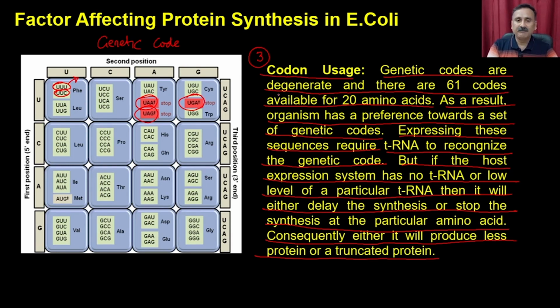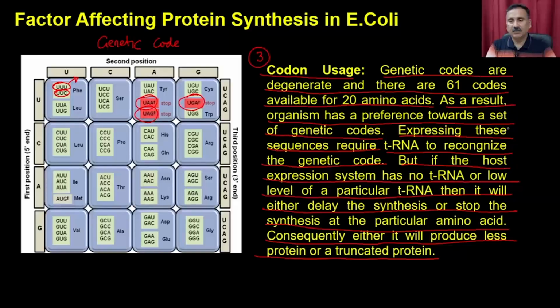But if you take a protein which has the other codon, then either it will take time for synthesis of these tRNA molecules, or it will truncate the protein synthesis at that stage. So that is a very important criterion to select the host as per the codons present in your gene.